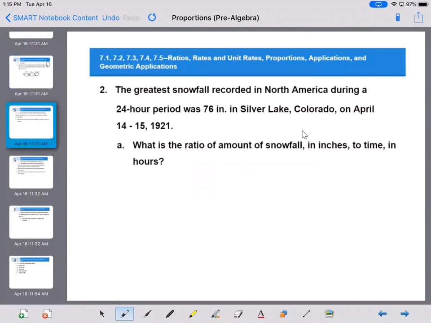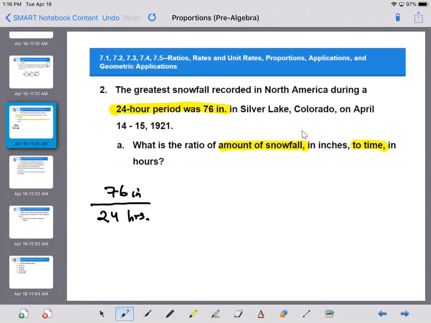So let's take that idea and do some comparisons. The greatest snowfall record in North America in a 24-hour period is 76 inches. What's the ratio of the amount of snowfall to time? So we would write 76 inches to 24 hours.